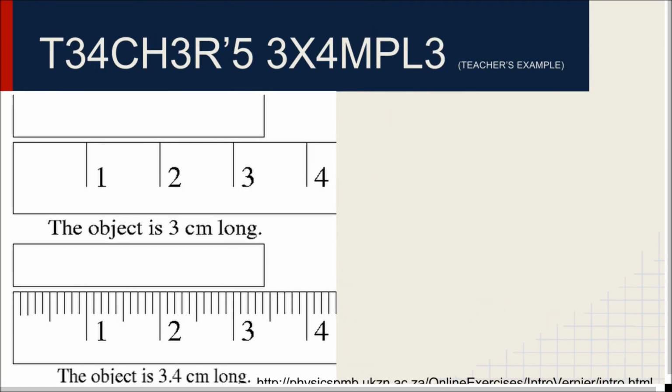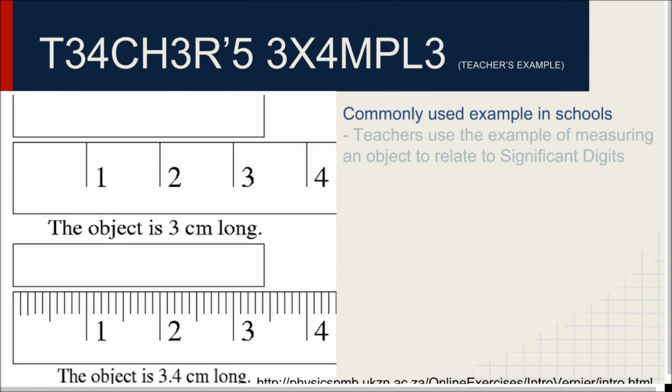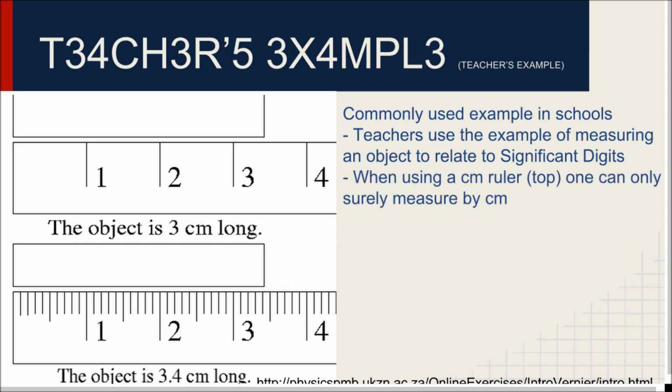Now, I also want to use the example used by teachers in school. They use this example of measuring an object to relate to significant digits. So, let's say you're measuring an object and you're using a centimeter ruler, like the one on top.